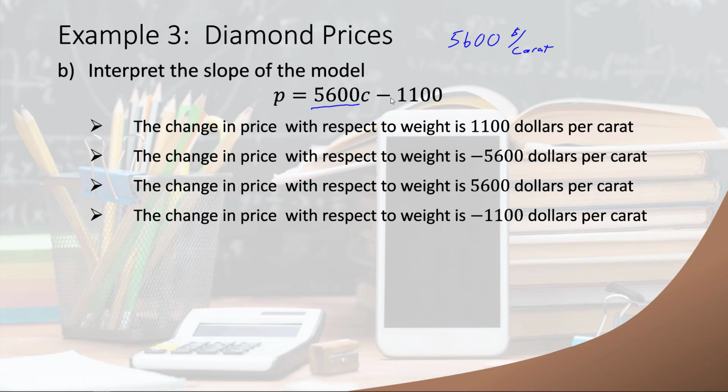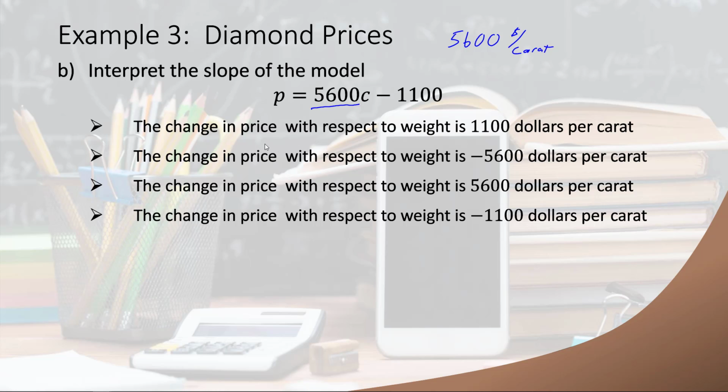So essentially what's happening here is that as your carat increases, your price is going to be increasing at a rate of $5,600 per carat. So with that information in mind, we can actually interpret the model slope.